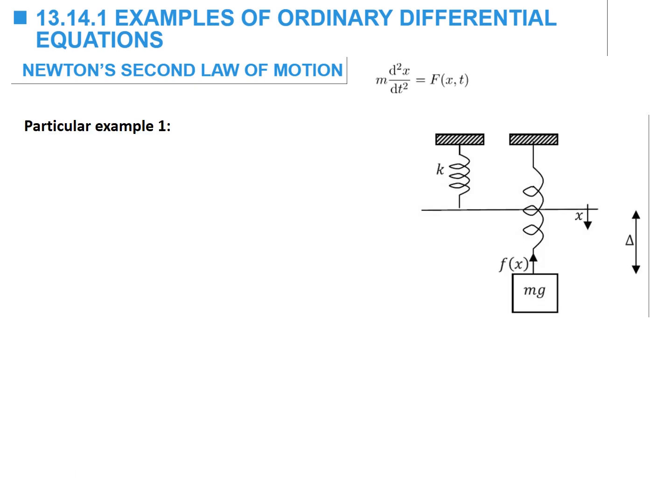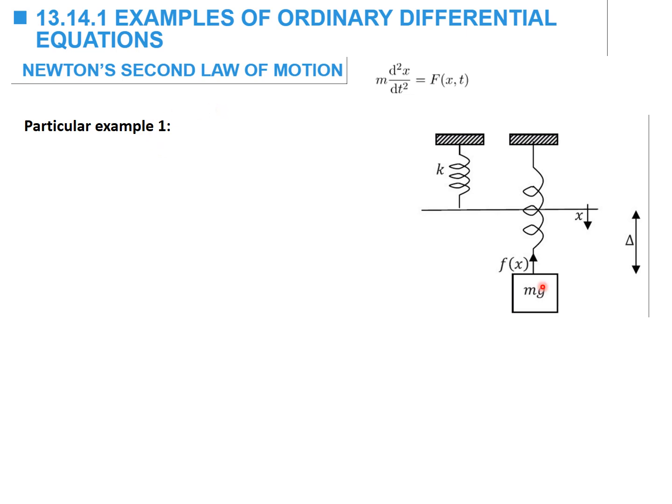So we're going to go through a particular example. That example discusses Newton's second law of motion that says the mass multiplied by the acceleration is equal to the force applied. So given a particle, the acceleration of this particle depends on the force applied on this particle.